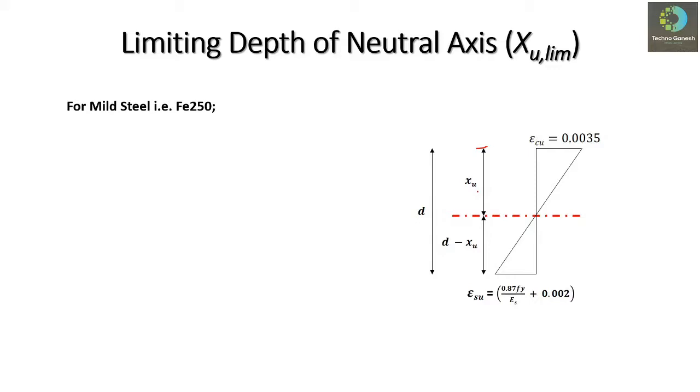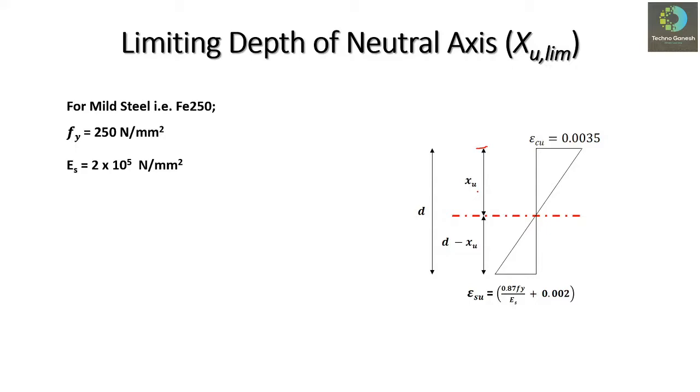Here again, consider the strain diagram for mild steel. The characteristic strength of the steel, fy, equals 250 Newton per mm square, and the value of Es, the Young's modulus of steel, is 2 into 10 raised to 5 Newton per mm square.